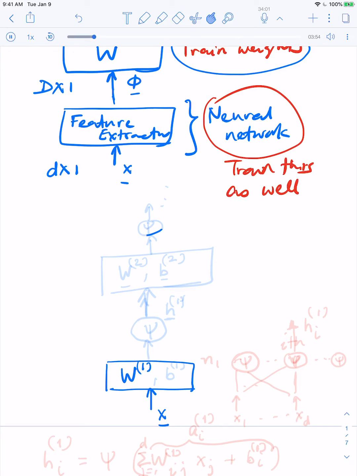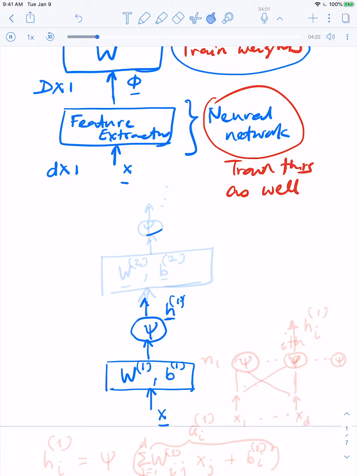The weights are going to be W1, the bias is going to be B1, and then I'm going to pass it through a nonlinearity. These nonlinearities could be layer dependent, but I'm going to use the same form psi for all of them. And this is the output of the first hidden layer.